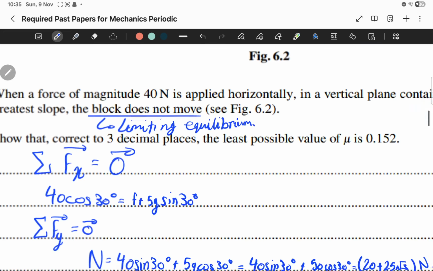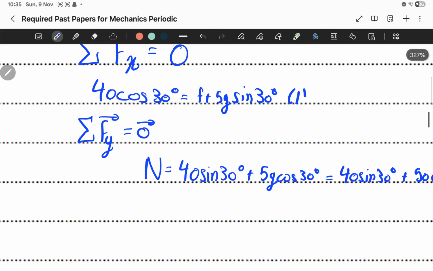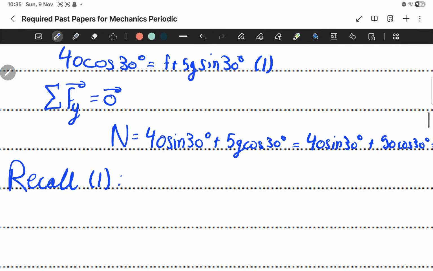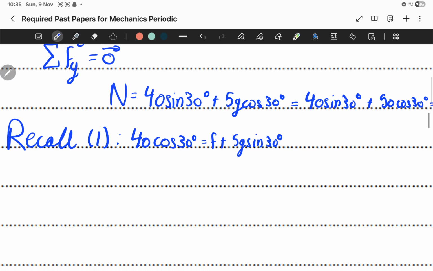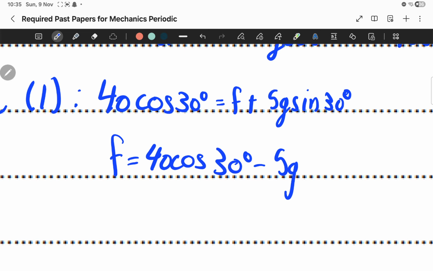Okay, now technically I can find friction. I can find friction here, right? So let's call this equation 1. Recall that equation 1 is 40 cosine 30 degrees is equal to F plus 5g sine 30 degrees. Now you can rearrange. So you'll get that F is equal to 40 cosine 30 minus 5g sine 30 degrees.